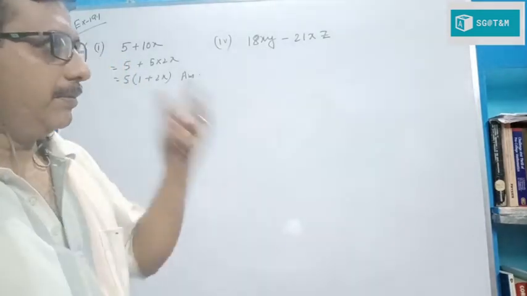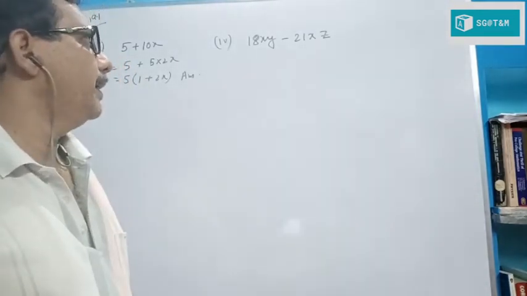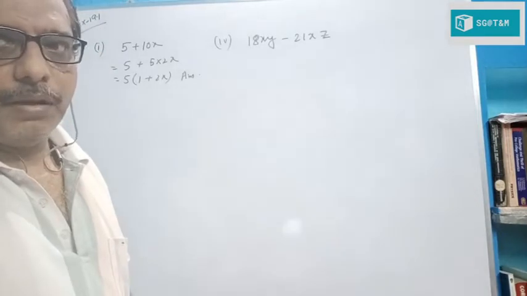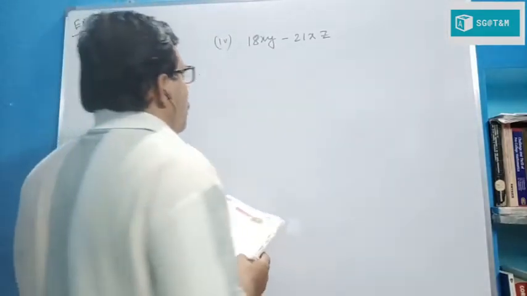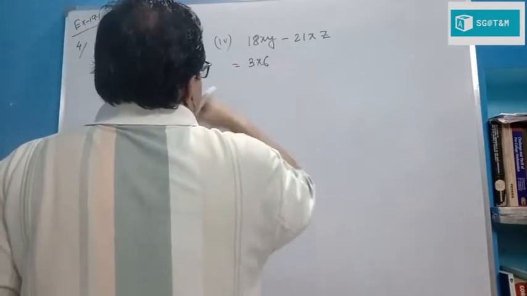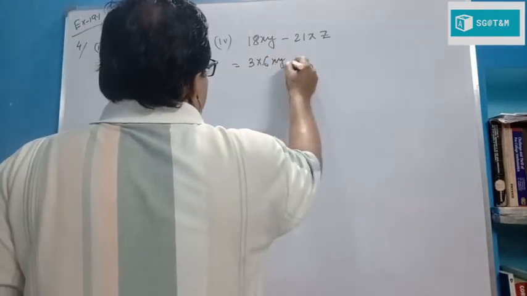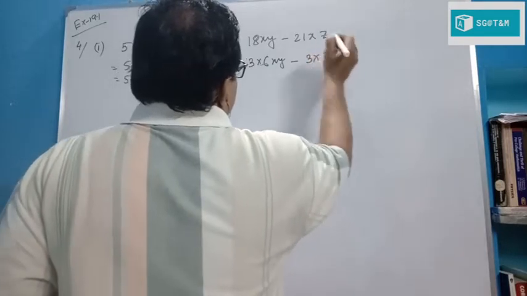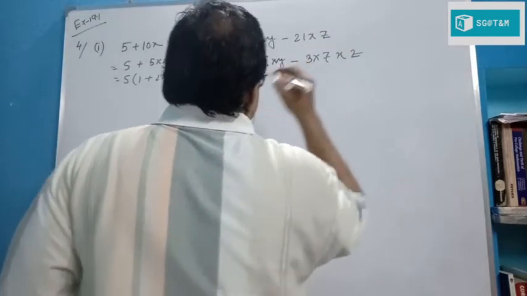These two are prime factors, and 18 is also a multiple of 3. So 18 is 3 into 6 xy, and this is 3 into 7 x into z.